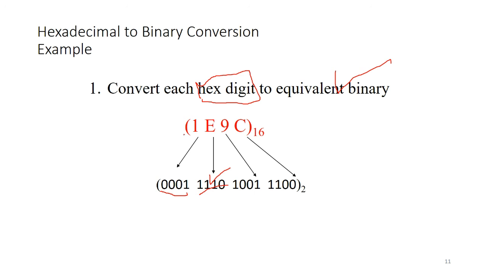If you don't remember, I would suggest you go back to the previous slide and see the table there. And 9 can be considered as 1001. C has a value of 1100. So once you are done, put a bracket outside and it has a base of 2. This is how it is done.